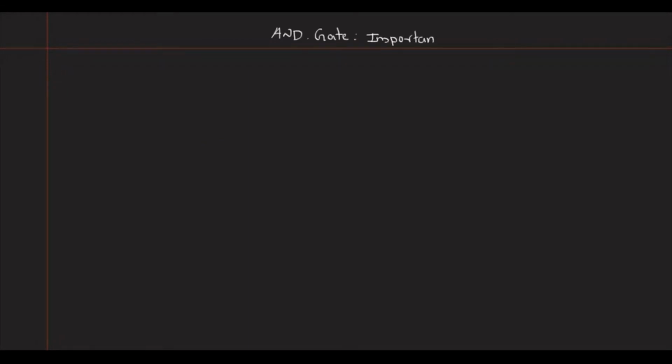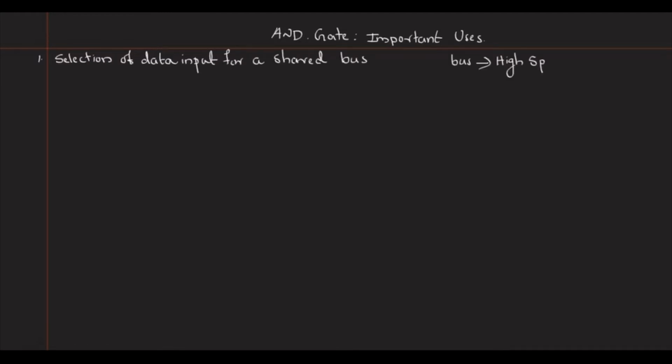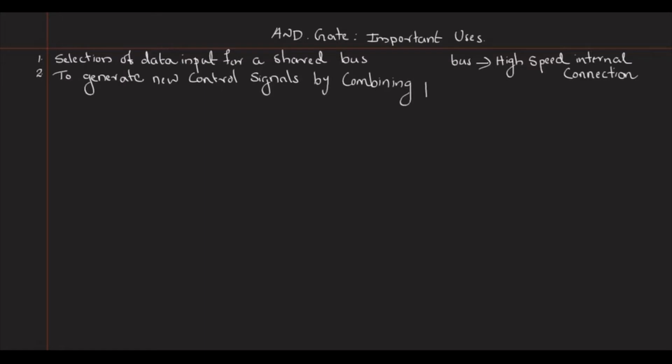What are the important uses of the AND gate? The first one, selection of data input for a shared bus. Here bus means high speed internal connection. Then, to generate new control signals by combining processor signals.